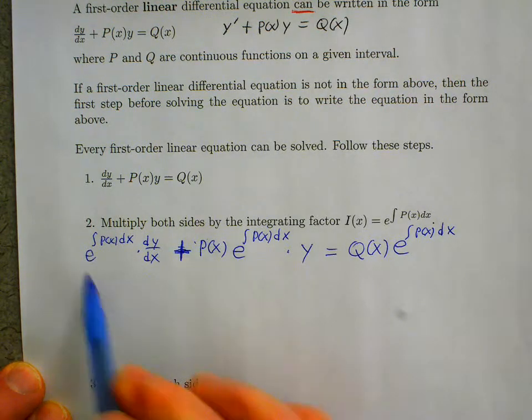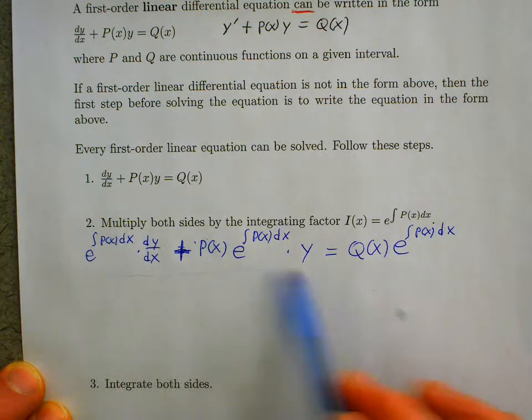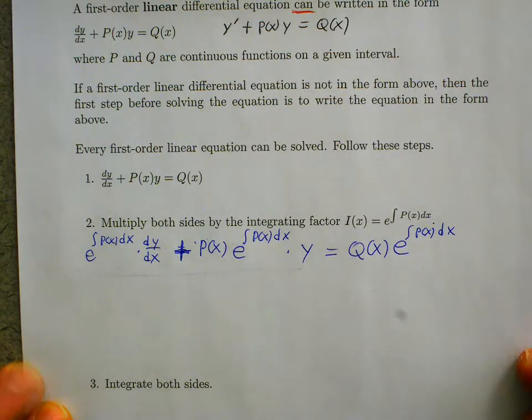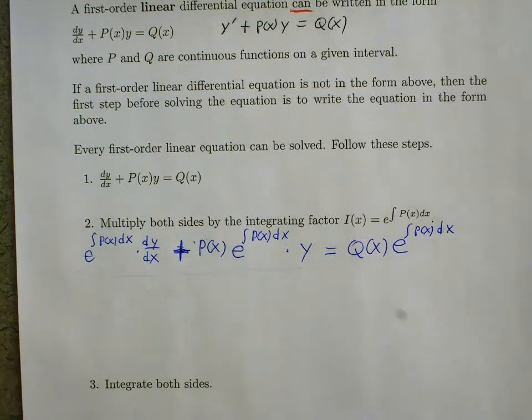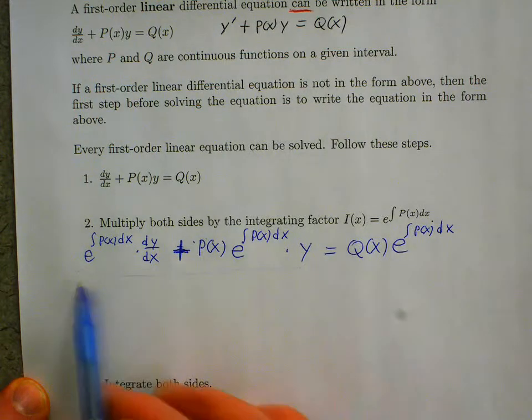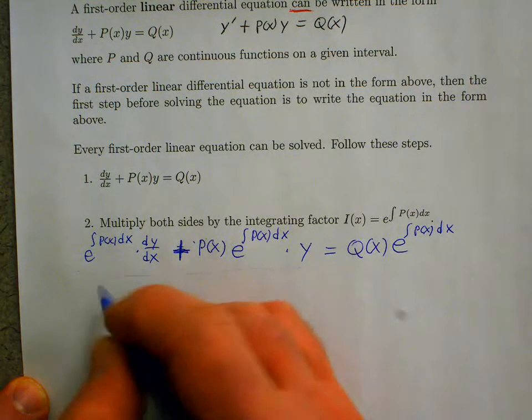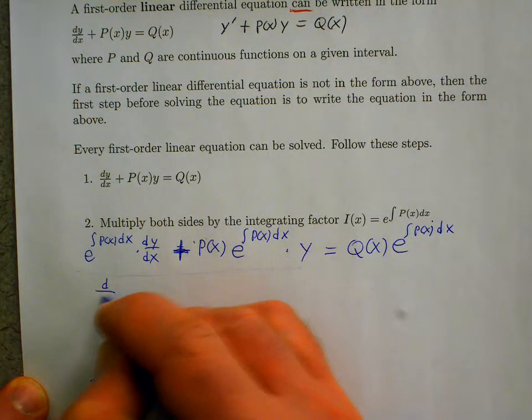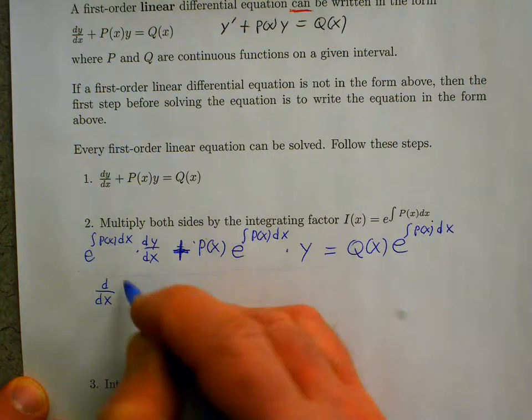Well, it turns out that the left-hand side is the derivative of a product of functions using the product rule to find that derivative. So I'll write down the function that we compute the derivative with respect to x to.